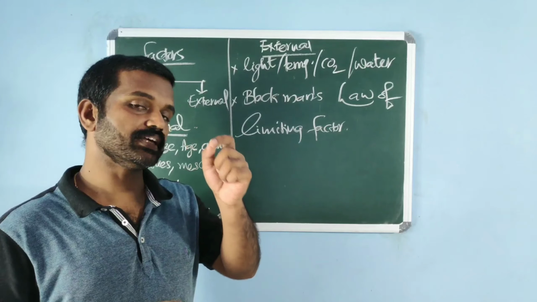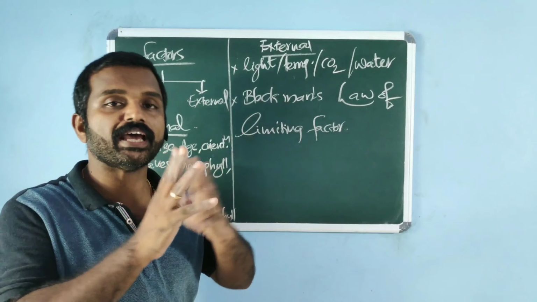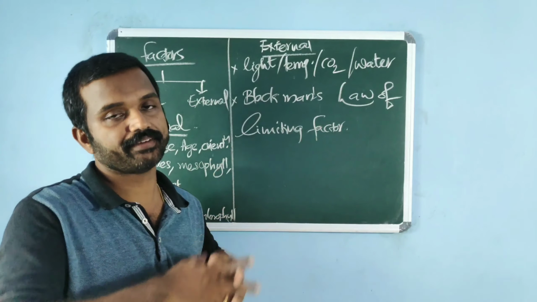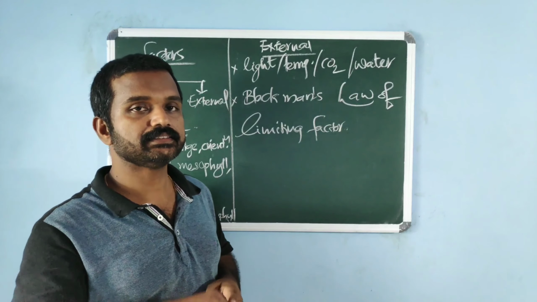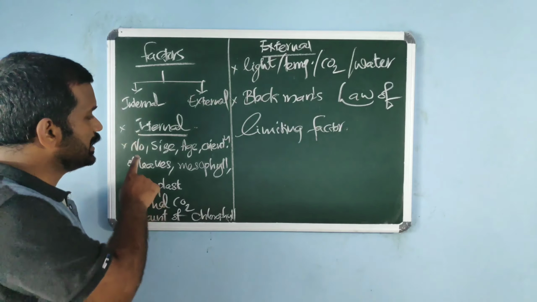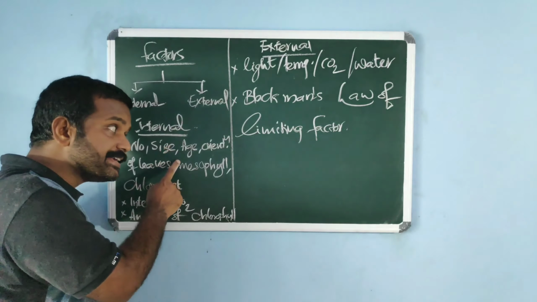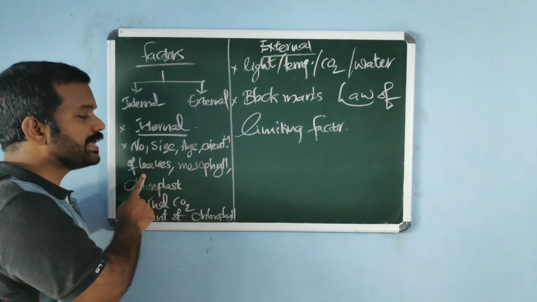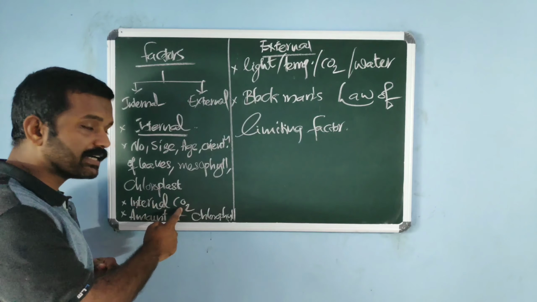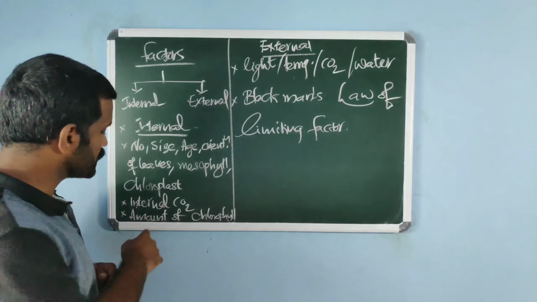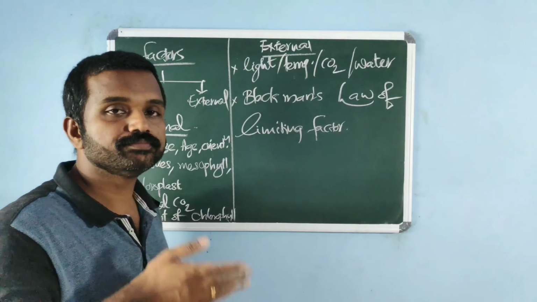Factors that influence the rate of photosynthesis are of 2 types: internal factors or plant factors, and external factors or environmental factors. Internal factors include the number, size, age, and orientation of leaves, mesophyll, chloroplast, internal carbon dioxide concentration, and amount of chlorophyll.